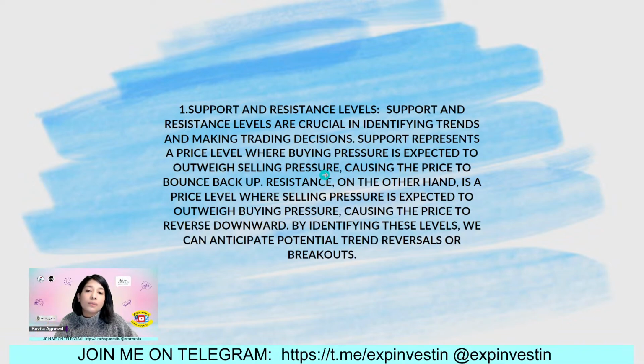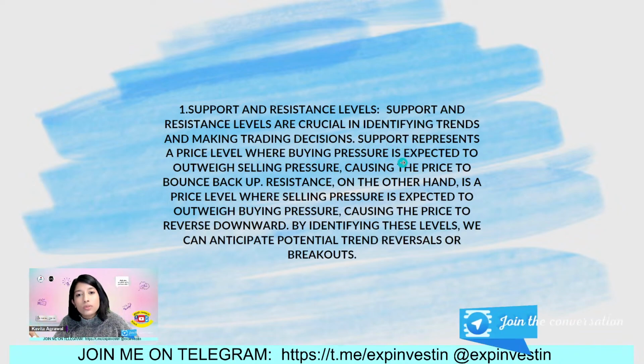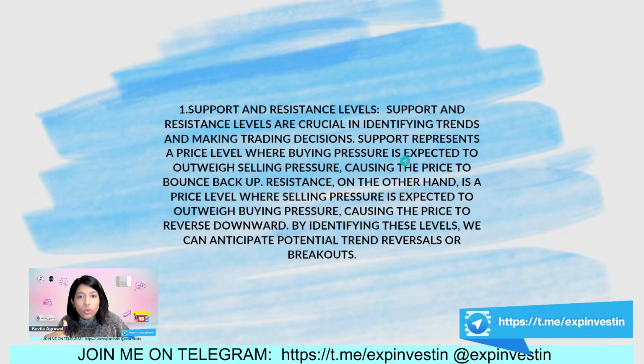Basically, these are the points where buying has kept coming back to the stock, right? So these become support zones. Now, support zones are basically zones which are at the current moment below the price of the stock that you're interested in, right?